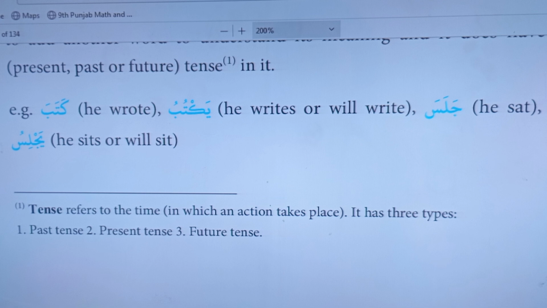Yaktubu means he writes or will write. So present and future tense are combined in just one word. Jalasa means he sat, and when we change it to yajlisu, then the meaning will be he sits or will sit.